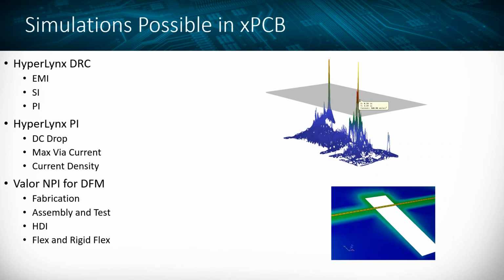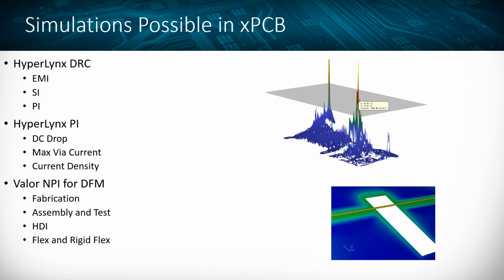Okay, so also we can run HyperLynx PI, which allows you to check for DC drop on your respective voltage planes or power planes. Okay? So we can actually define which power planes, which signal pin is the source pin onto that power plane from your voltage regulator.